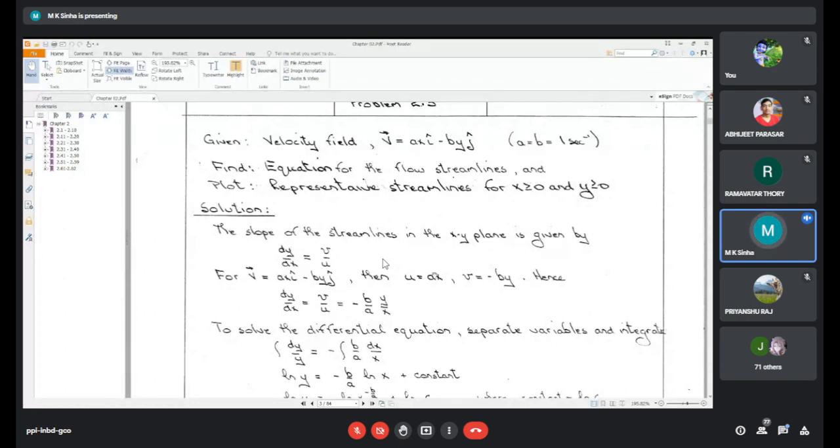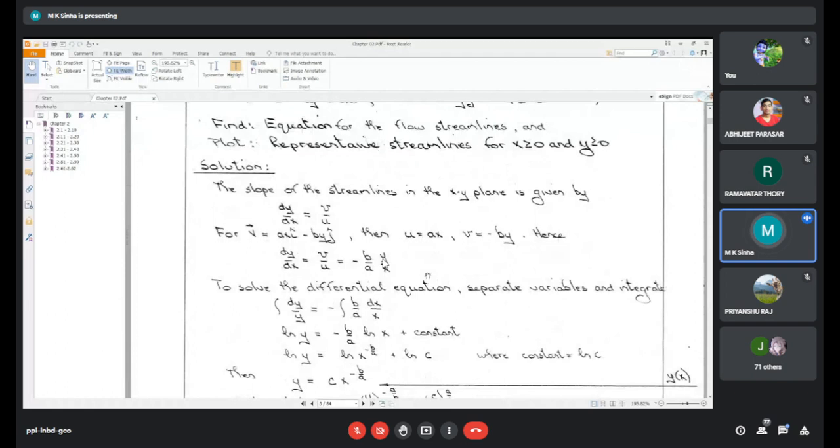You might know the streamline equation: dy by v equals dx by u, which is written in the tangent form as dy by dx equals v by u.